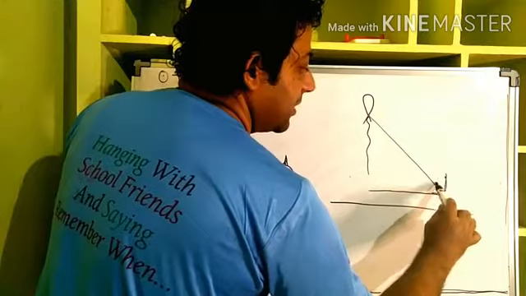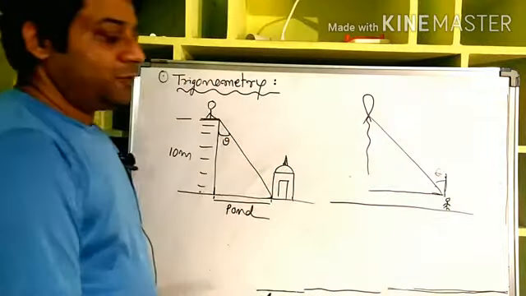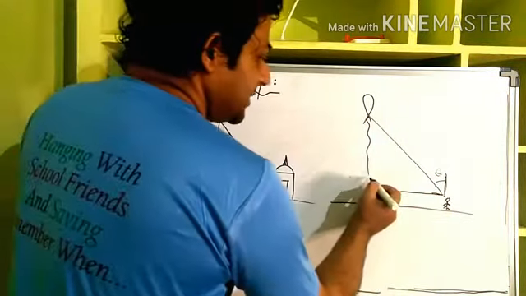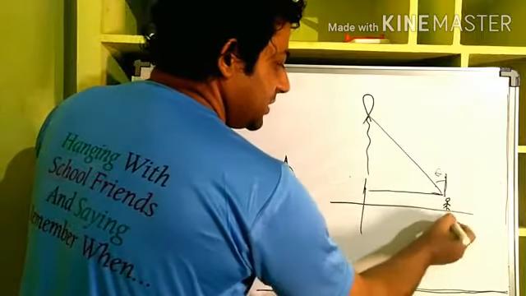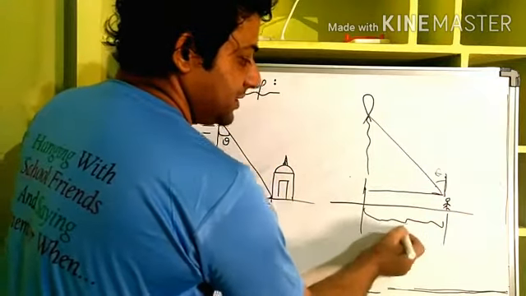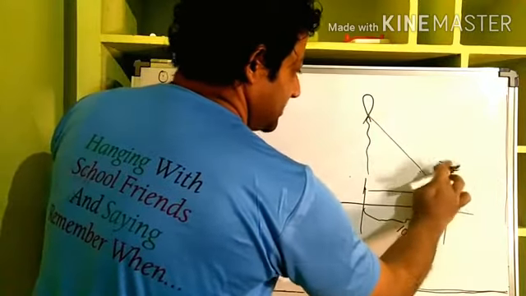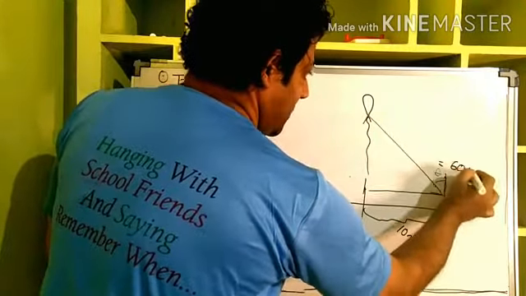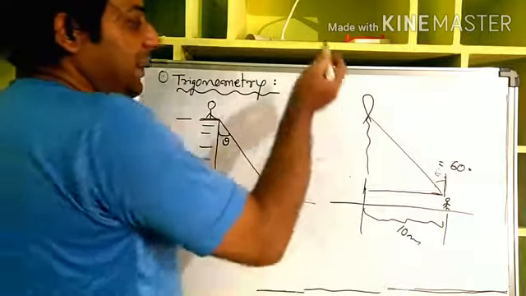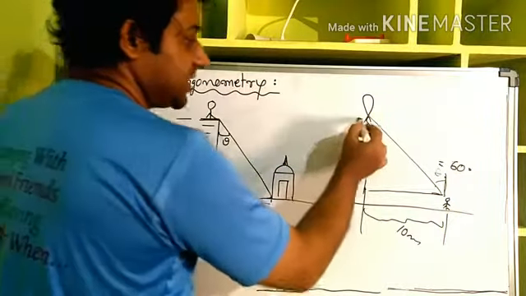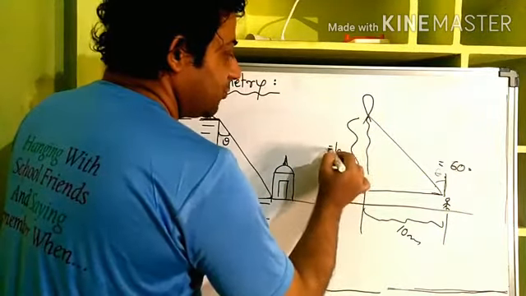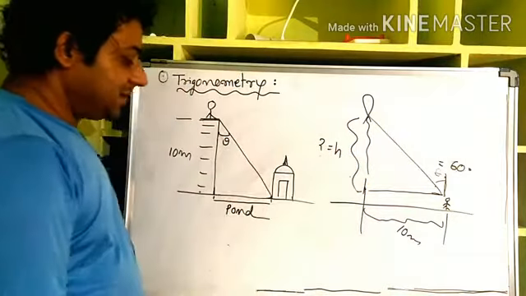If you know this angle and the distance from here to here, that is 10 meters, and this is 30 degrees, or let us say 60 degrees, then at what height is the balloon? This height is required. Can you calculate that height?